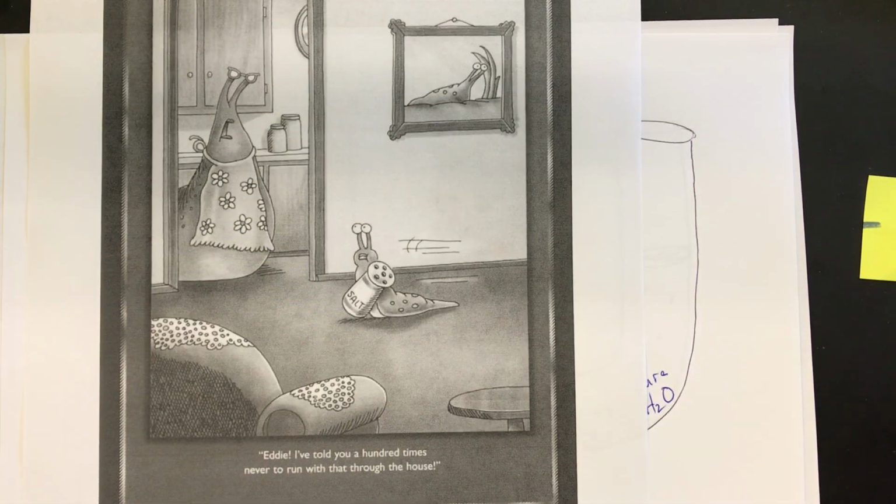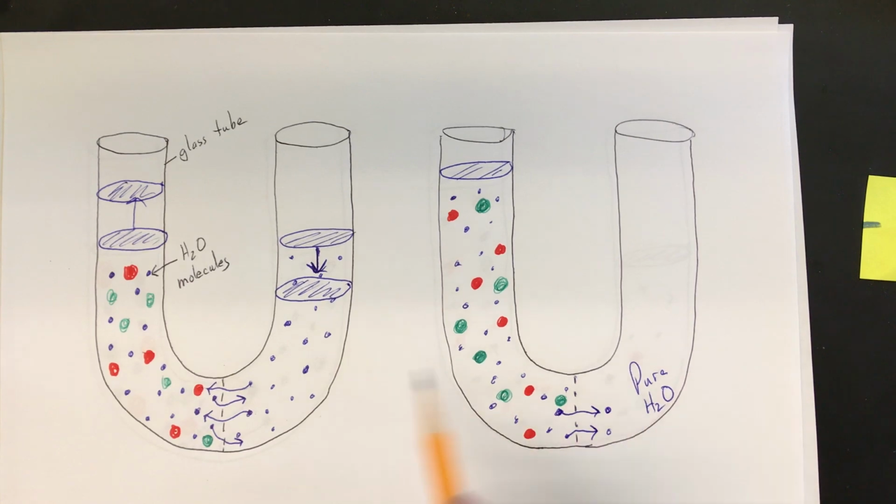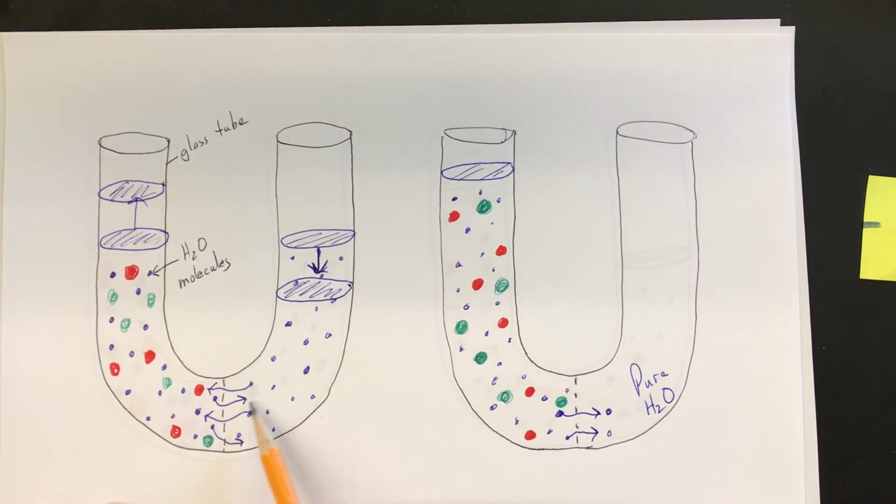It's the same reason why you shouldn't drink salt water. If you are lost at sea and you're super thirsty, should you drink the water of the ocean? No, because that salty water is going to pull the less concentrated water across the membrane in your body and actually dehydrate you and take water out.